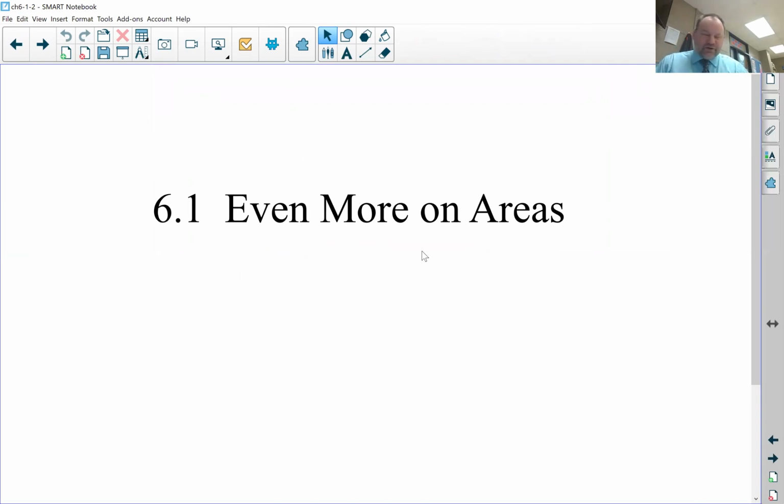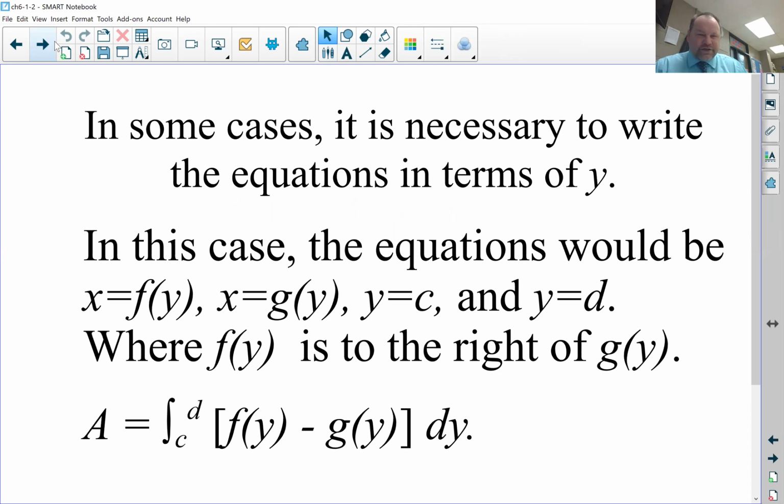Because functions aren't always written as y equals a function of x, or it's not always one function being above the other, we will introduce this other possibility. And that's when we need to write the equation as x equals a function of y.